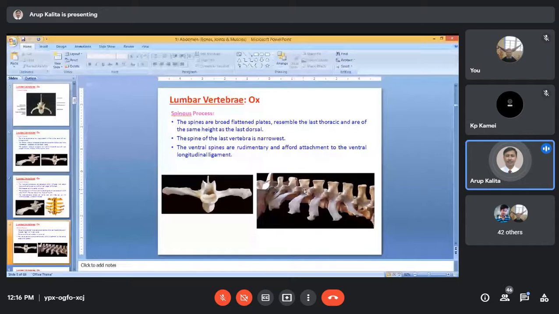The ventral spines are rudimentary and afford attachment to the ventral longitudinal ligament. As we know, ventrally, in the intercentral articulation, you will get three ligaments: the capsular ligament, the dorsal longitudinal ligament, and the ventral longitudinal ligament. The ventral longitudinal ligament is attached to the ventral spine.